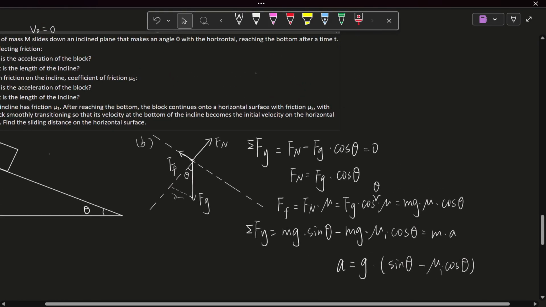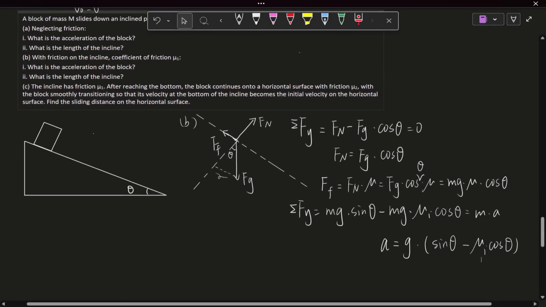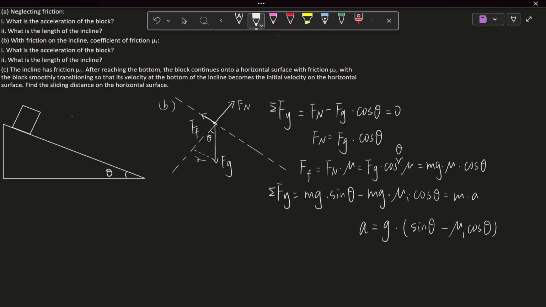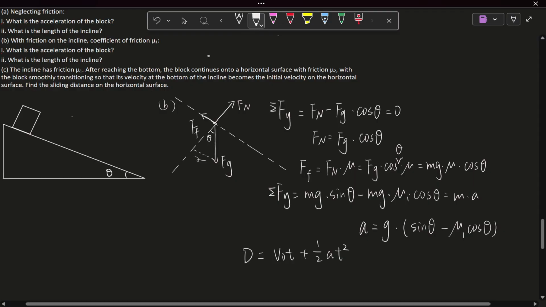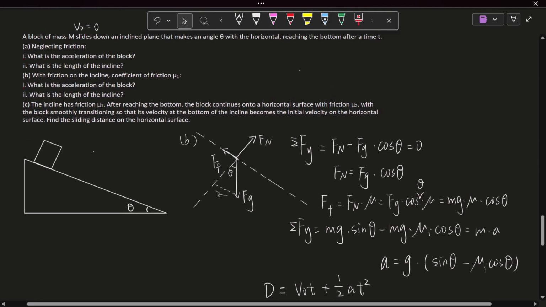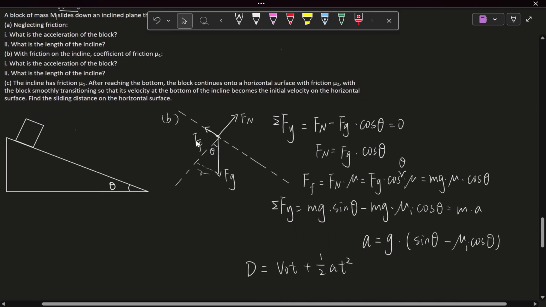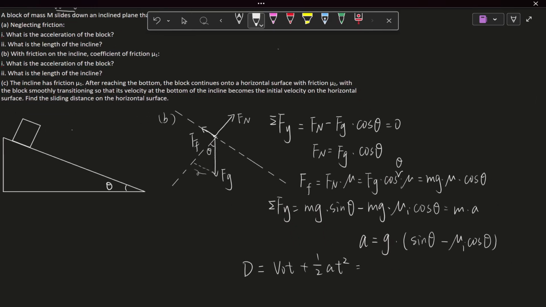So now we found the acceleration, right? What is the length of the incline? We're doing exactly the same thing as the last part. d is equal to v naught t plus half a t squared. v naught is 0 initially, because it's at rest. So it's simply equal to half a t squared.